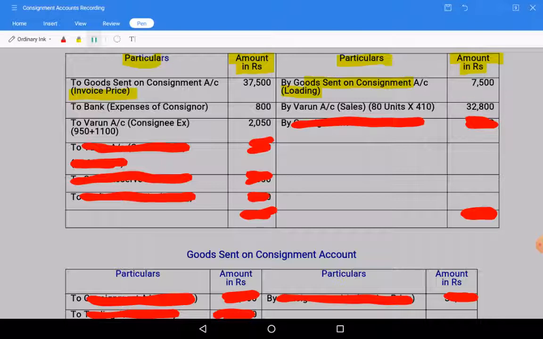On this Varun is entitled commission 5%. So 32,800 into 5% we need to take to Varun.